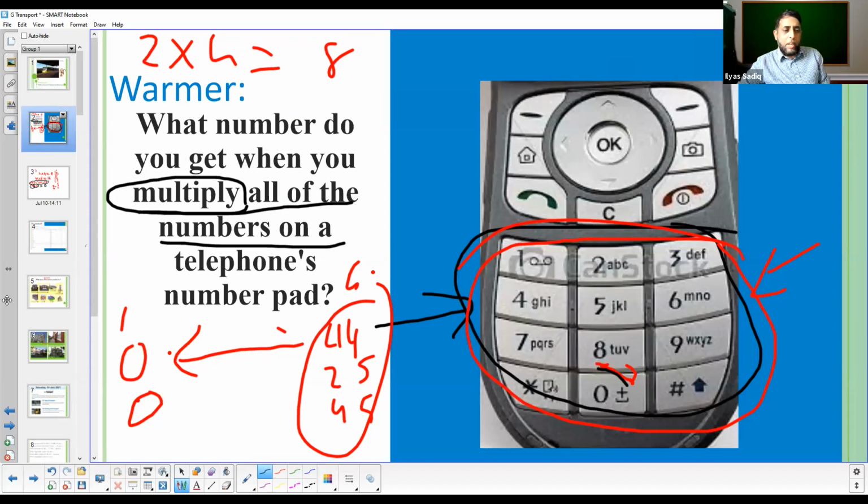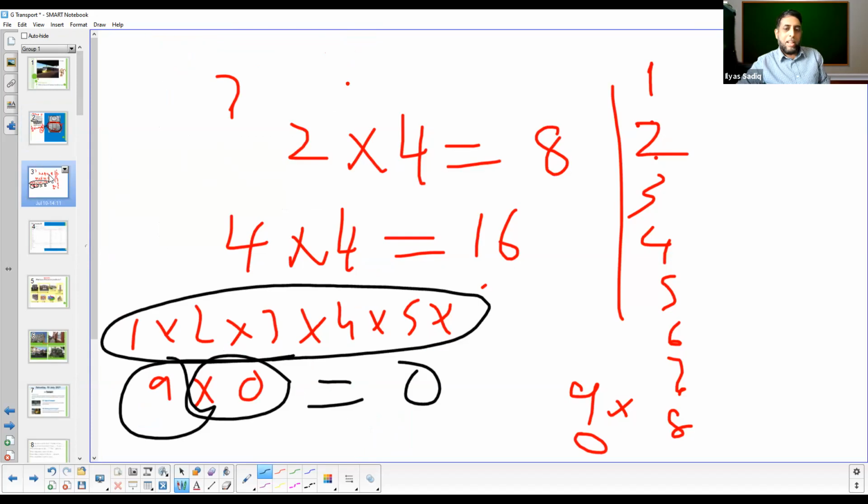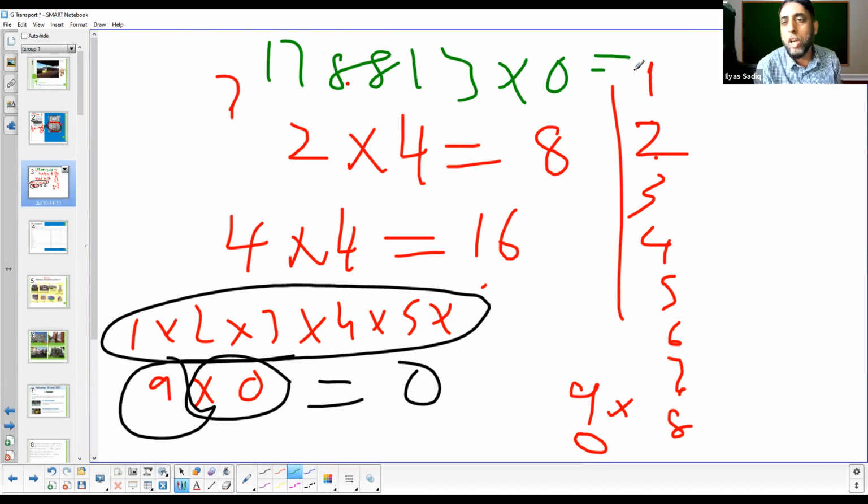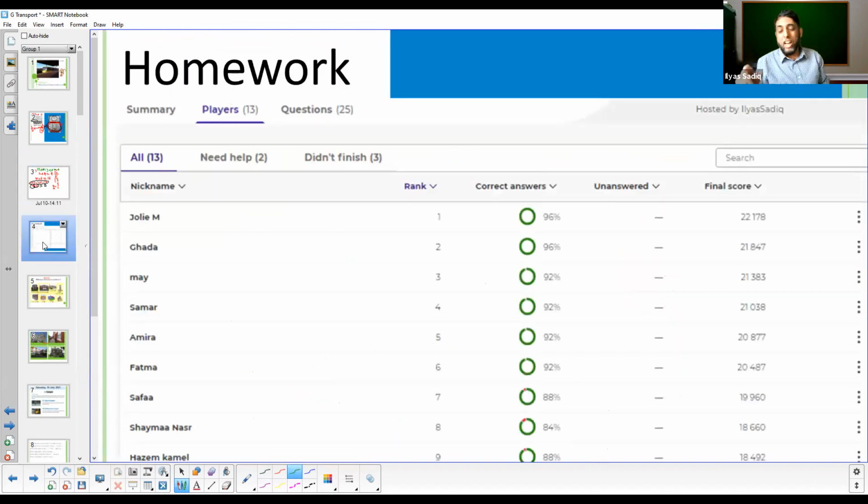So when you multiply any number by 0, it becomes 0. For example, if you have this big number and you multiply it by 0, the answer would be 0, right? All right, this was just a brain warmer, so don't worry if you had a wrong answer, it's all right. I'm sure every one of you knows it, but you didn't notice, okay?